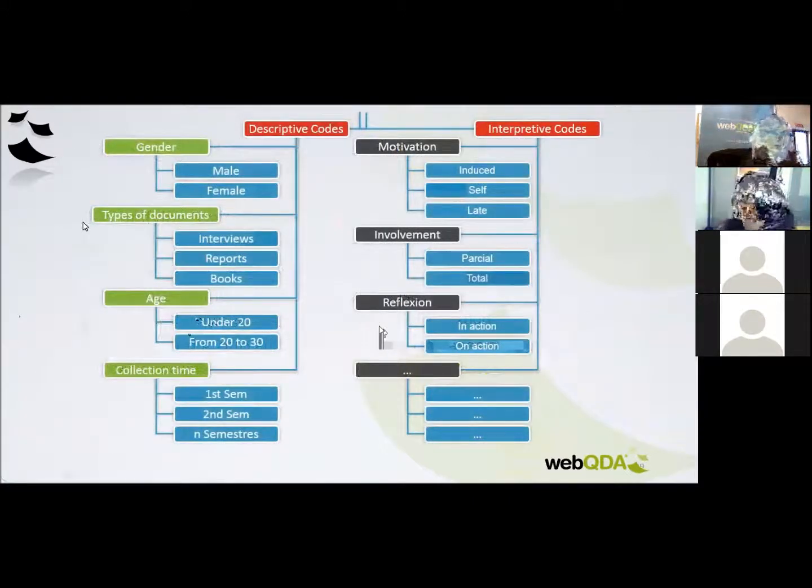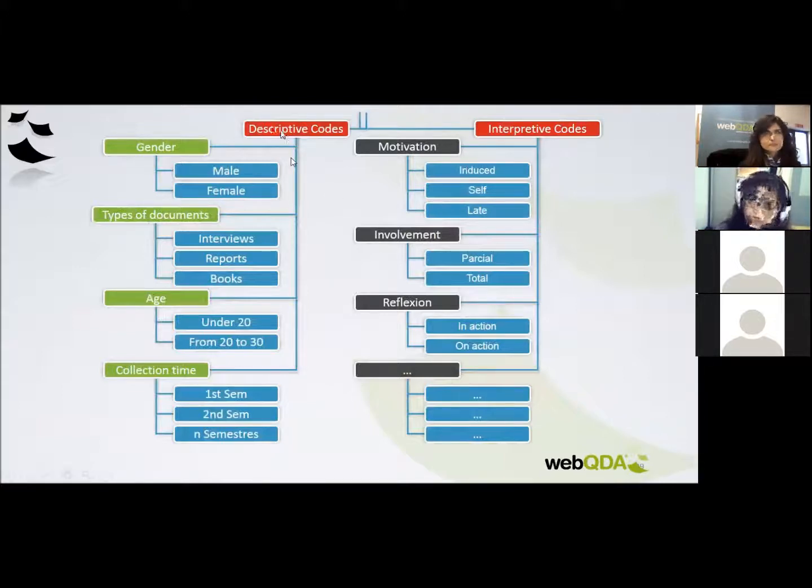So webQDA is prepared to use 2 types of nodes: descriptive nodes and interpretative nodes. Interpretative nodes are what's most valuable to us as qualitative researchers, because it has to do with interpreting information.